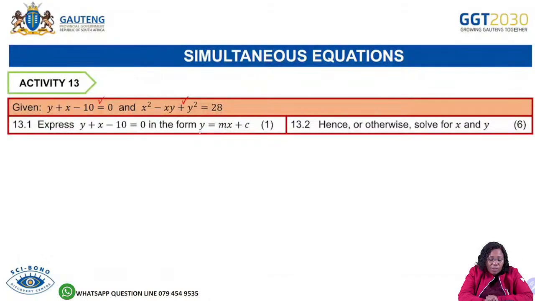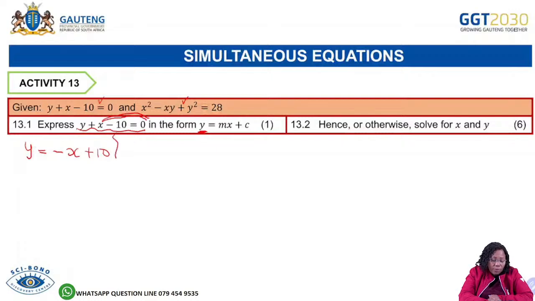Okay, now they want us to make y the subject of the formula in this particular equation. So we will leave y on the left and then transpose the x and the 10. Then x will become minus x, and then minus 10 will become positive 10 because we are moving that now to the right hand side. So that is all for 13.1.